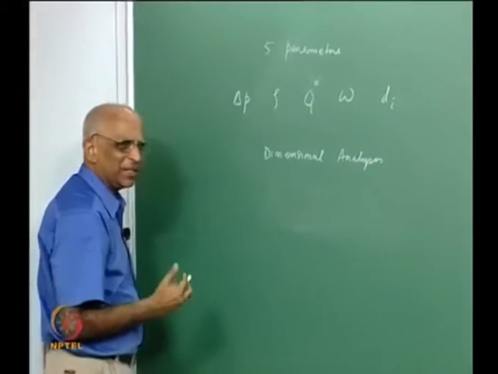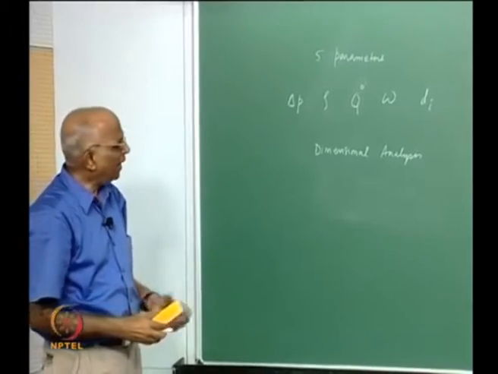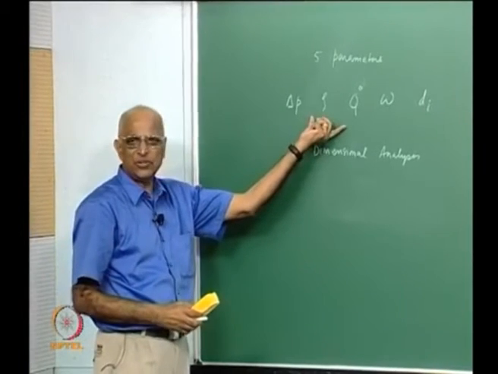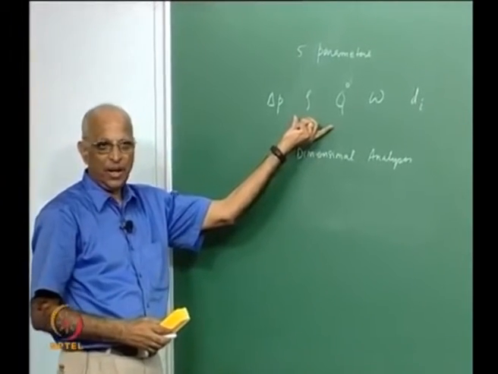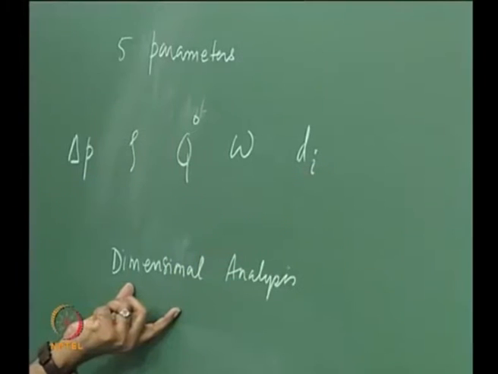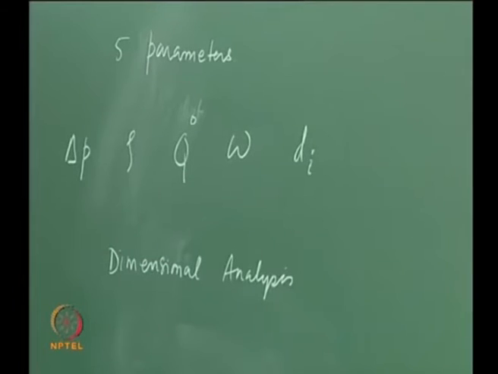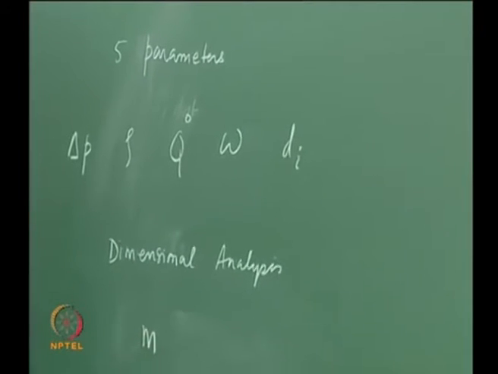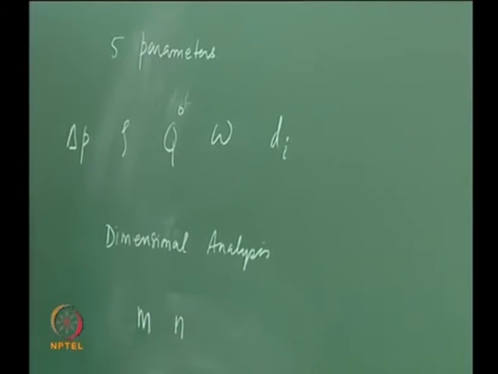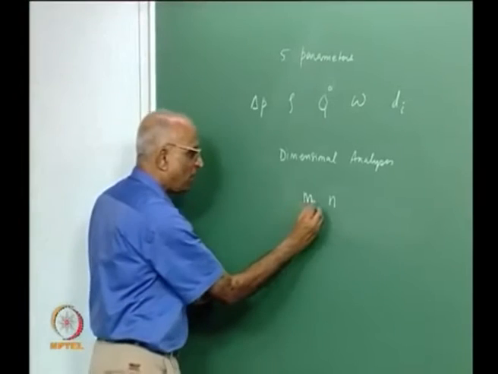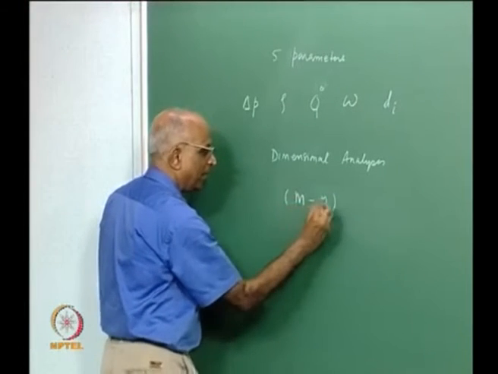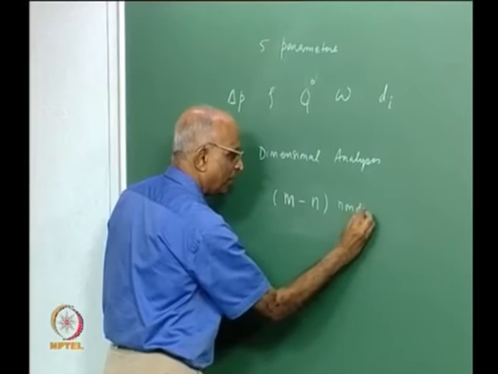In other words, I am looking at the Buckingham pi theorem and telling myself I have 5 parameters for the problem. And Buckingham pi theorem tells me if I have a problem involving m parameters and n primary dimensions, I can form m minus n non-dimensional groups.